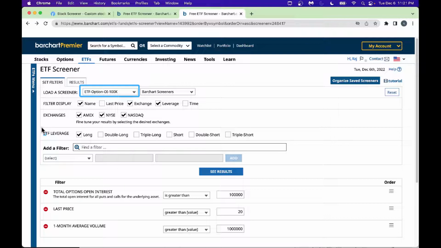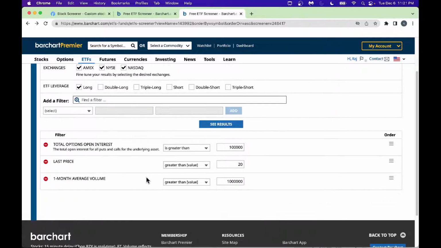I chose only the long ones. When I play options, I don't want to go with the double, triple, and all those things. It's very good to keep it simple and go with the nice long strategy versus all the leverage, which is always very, very volatile. Keep it simple, keep it conservative.